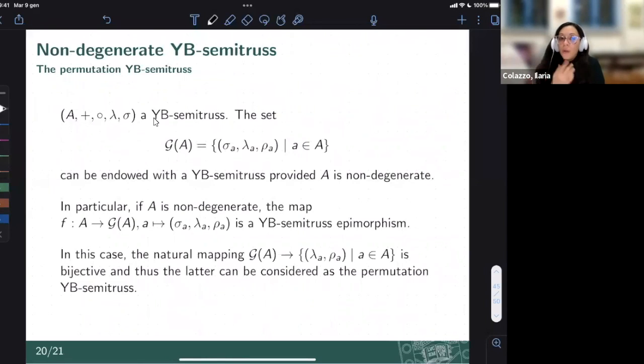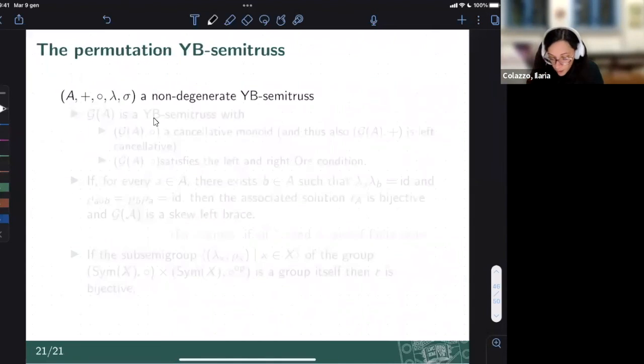So we can have a bijection between the set G(A) and the set just of the pairs of lambda_a and rho_b. But I think it's worth looking at the permutation YB semi-truss in its full definition.